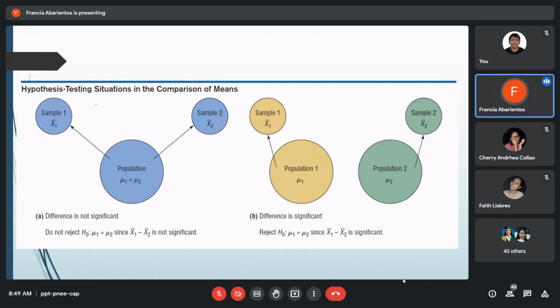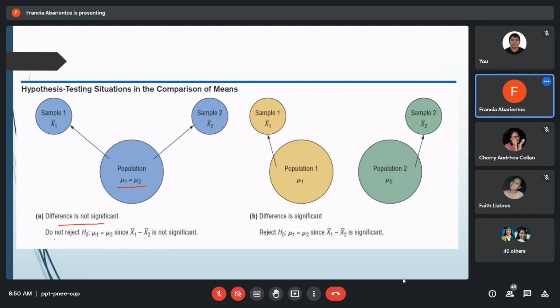So when we test in a hypothesis testing situation, when we compare means, the first one, the difference is not significant. So, yan. The sample 1, the sample 2, given sa atin, this is equal. Not the population, but the mean is equal from sample 1 to sample 2.